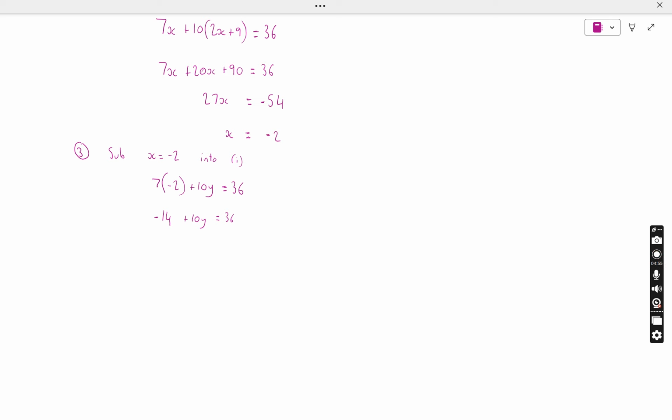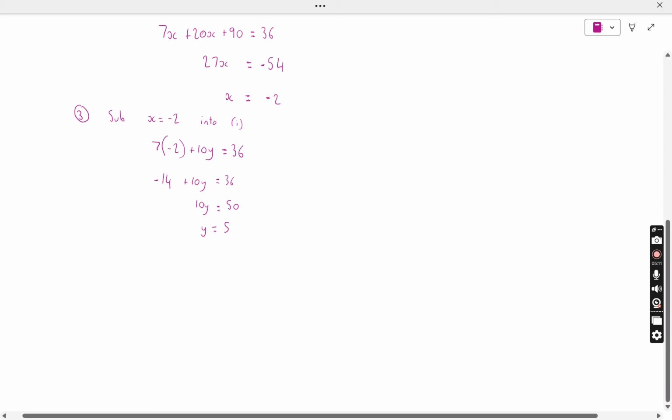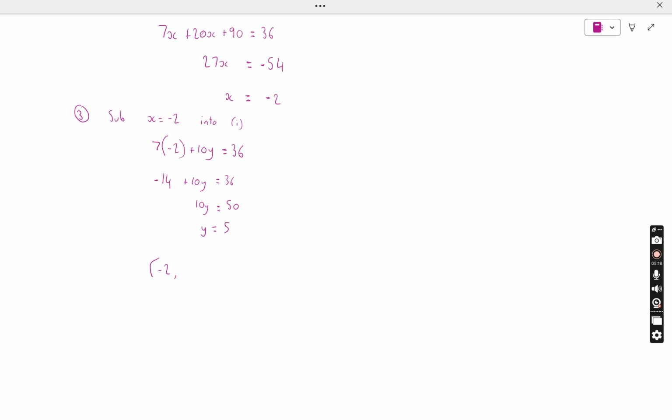So 36 plus 14 is 50. And on the left hand side we've just got 10y, and then divide both by 10, and we've got 50 divided by 10 is 5. So the solution occurs at the coordinate -2, which is my x value, and 5.